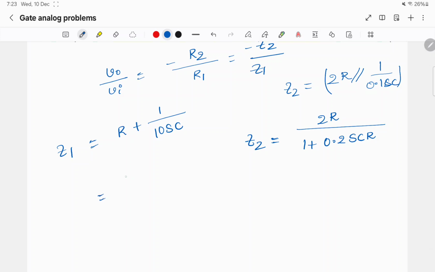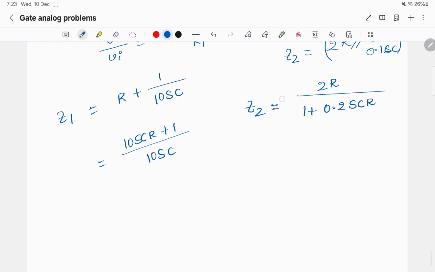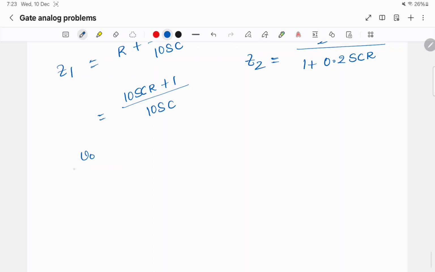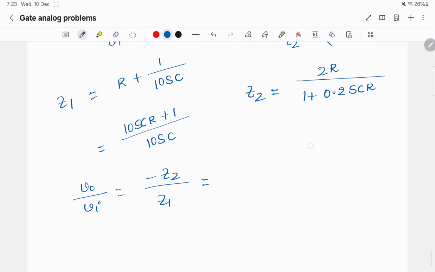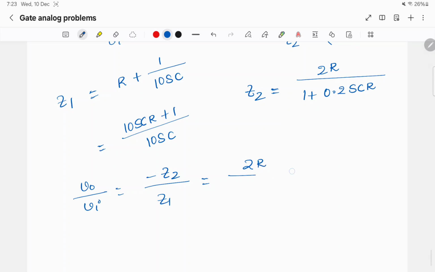So Z1 will be (10 SCR plus 1) by 10 SC. So V0 by Vi is minus Z2 by Z1. Z2 is 2R by 1 plus 0.2 SCR, times 10 SC by 10 SCR plus 1.